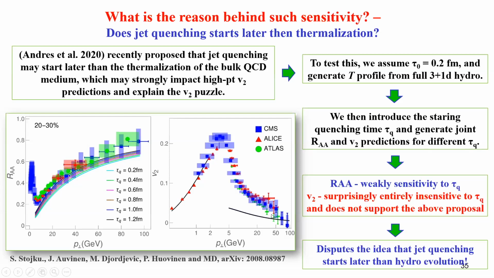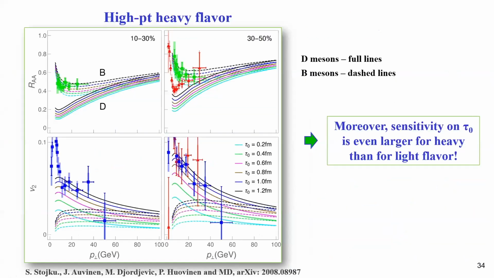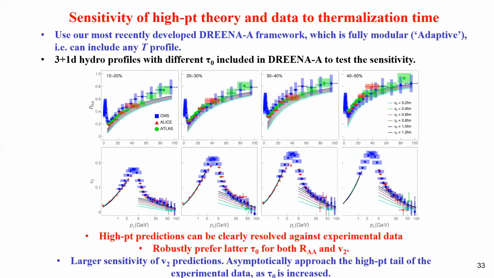That is a very important question, but let me go back 1 slide. So look at this. Here we have the low PT region, and for this region, we show our agreement with V2 data that is obtained with our 3+1D hydro applied to low PT. And we see that all these 6 scenarios with 6 different thermalization times almost exactly overlap with each other.